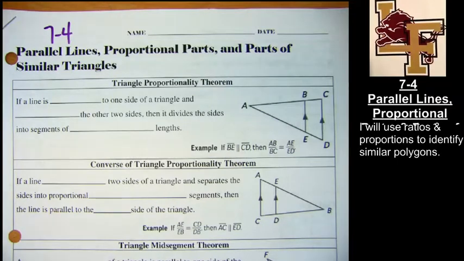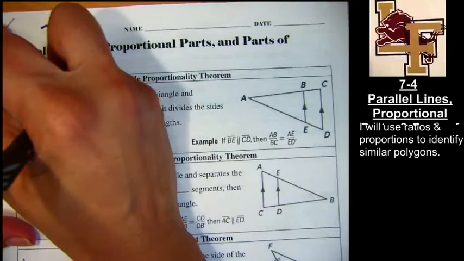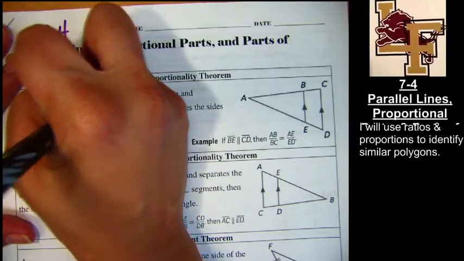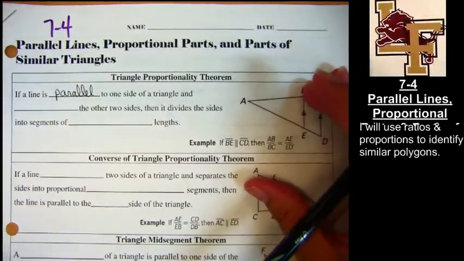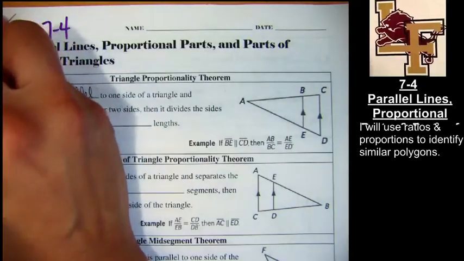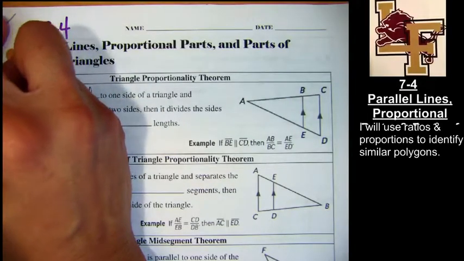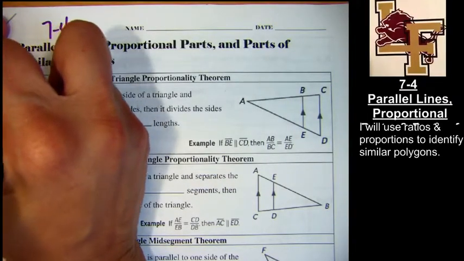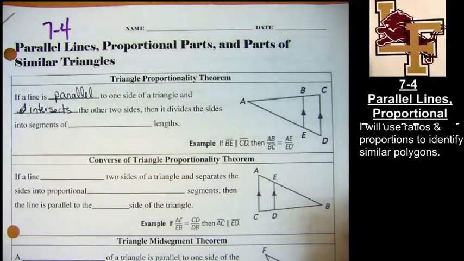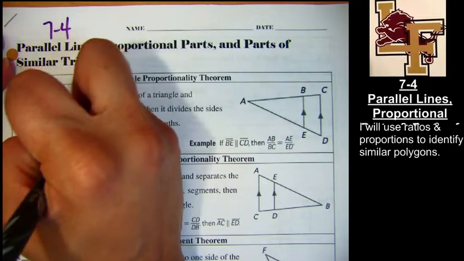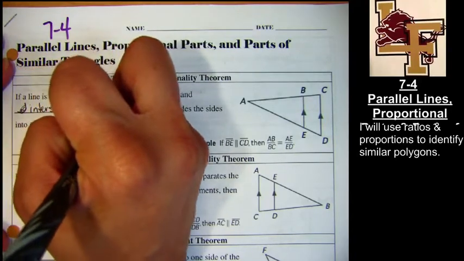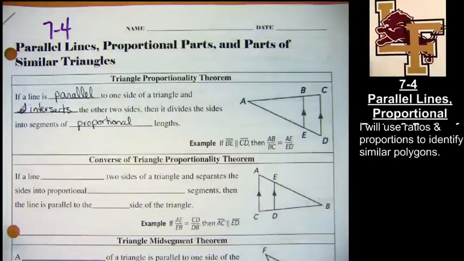Let's kick it off with this: if a line is parallel to one side of a triangle and it intersects the other two sides, it's going to divide those sides into segments of proportional length. What that means is this.